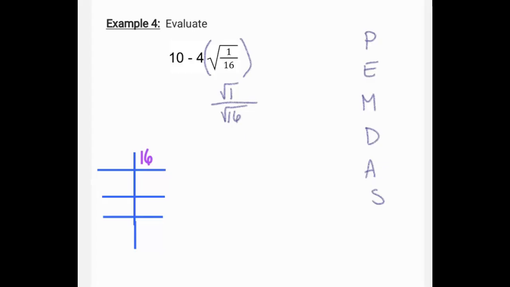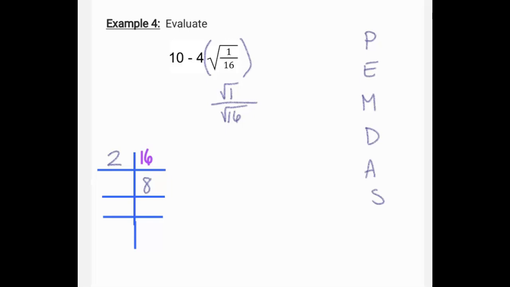But the 16, let's go ahead and do our division ladder for that. So a prime number that goes into 16, we can start with a 2. 2 goes into 16 8 times. And is 8 a prime number? It is not. So let's go ahead and do another round.